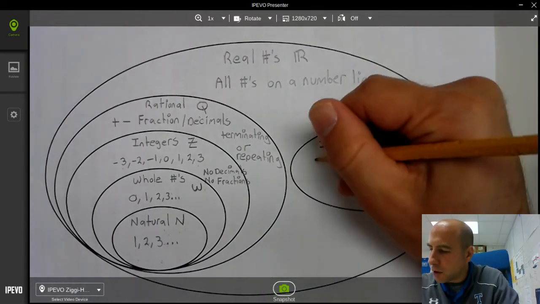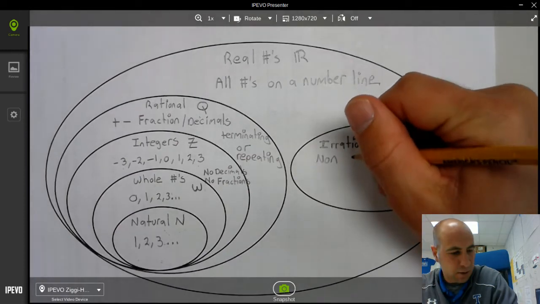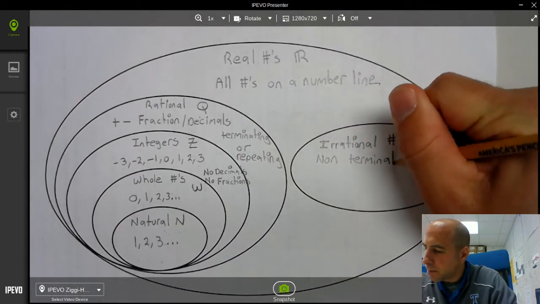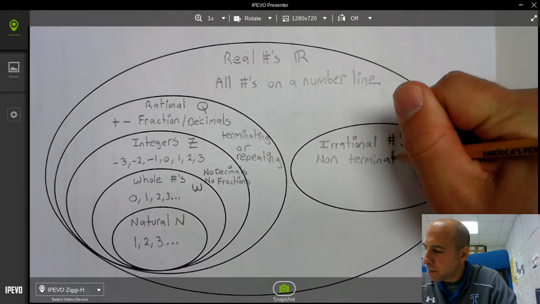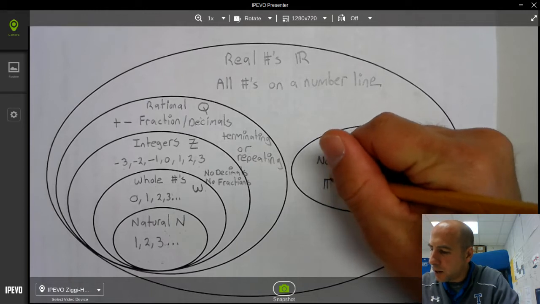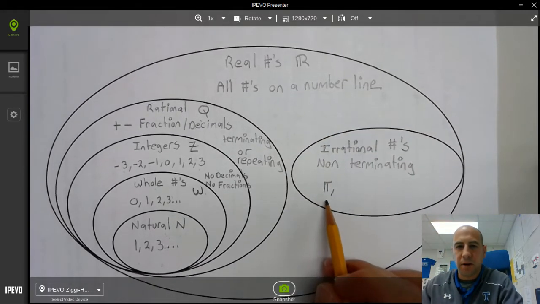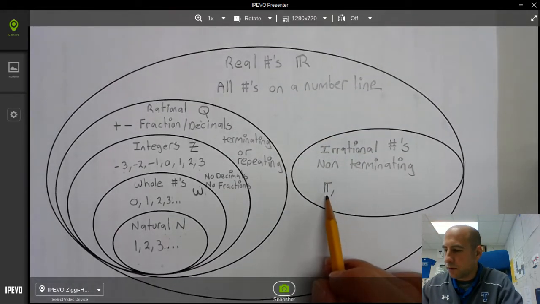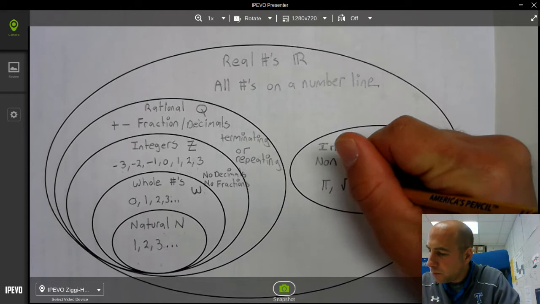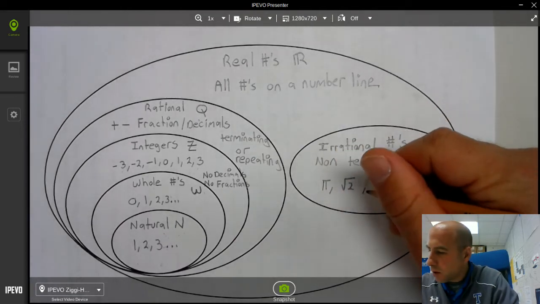Which are non-terminating numbers. Some examples of that are pi, and people have been looking at this, but it goes into hundreds and millions of digits. Square root of 2 and square root of 5.